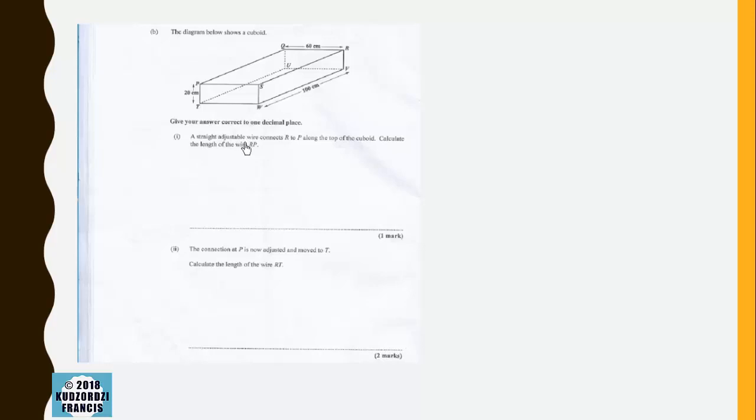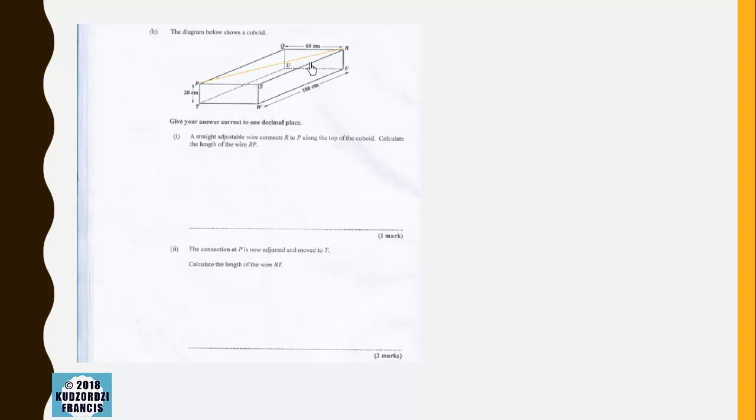A straight adjustable wire connects R to P, like this, along the top of the cuboid. Calculate the length of the wire RP. So RP over here.